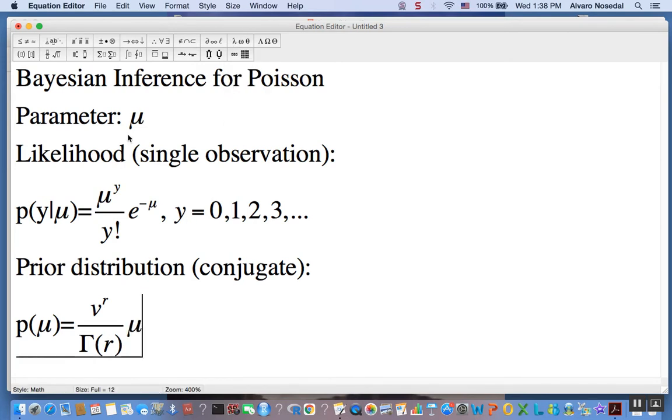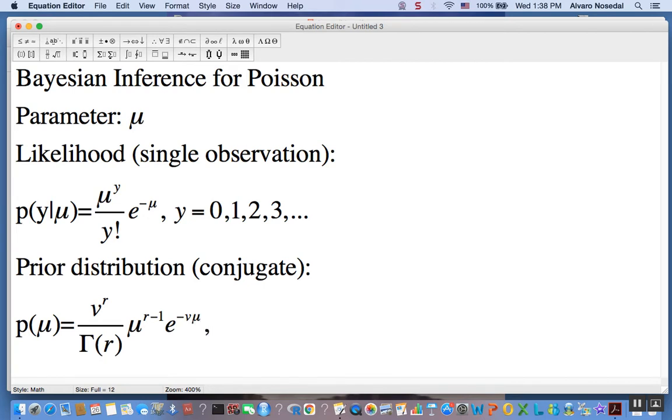In terms of the variable mu, the way that you would write the probability density function of a gamma with parameters r and v is this. v to the r divided by gamma, the gamma function evaluated at r, mu to the r minus 1 power, e to the minus v times mu.